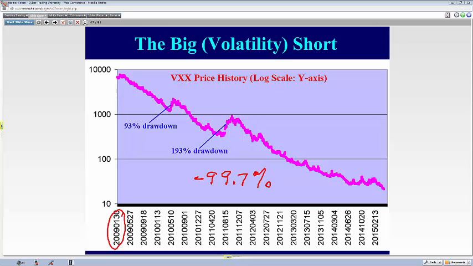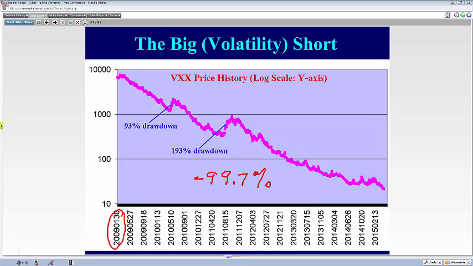In other words, just the cost of rolling that thing forward every day by Barclays is eating away the value tremendously. Now, whether you could have lived through those two drawdowns as a short seller, I don't know. They were pretty big drawdowns, almost 100% and then almost 200%. But in the long run, this thing has been losing a lot of money.